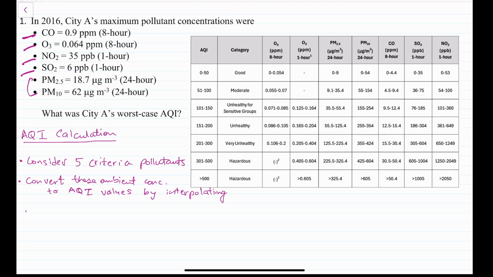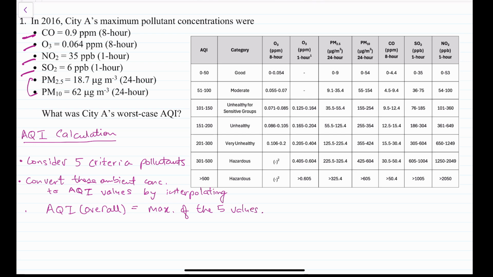And then after we have done that, we will calculate the overall AQI. We will calculate that as the maximum of the 5 values.